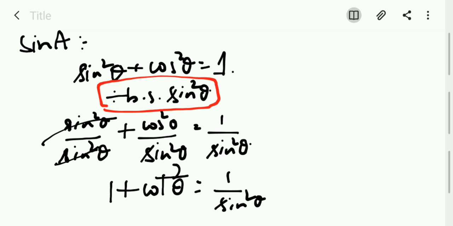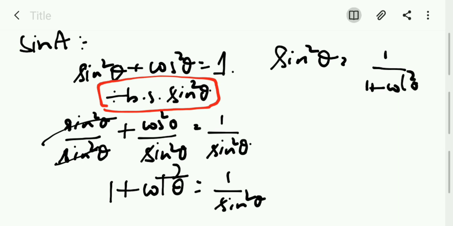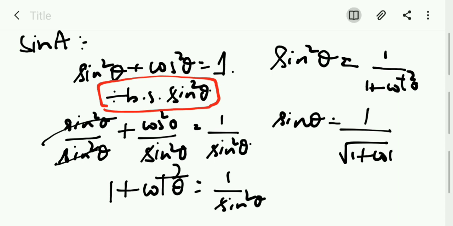Okay, now sine square theta is nothing but 1 by 1 plus cot square theta, right? So this is what sine square theta is. Now sine theta is nothing but 1 by square root of 1 plus cot square theta, right?